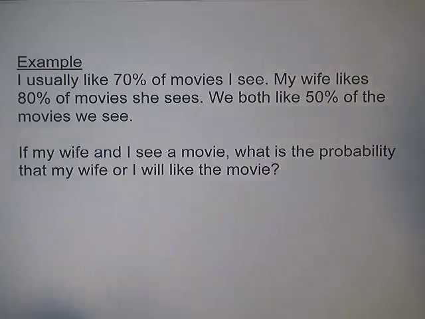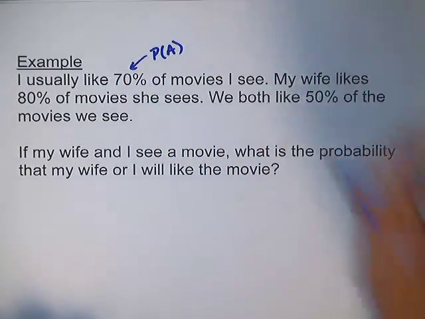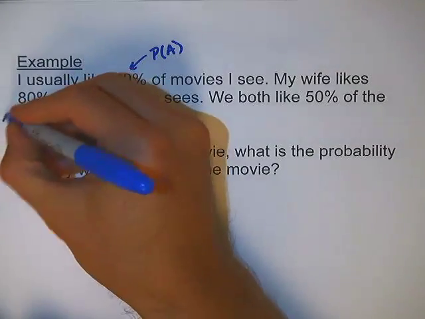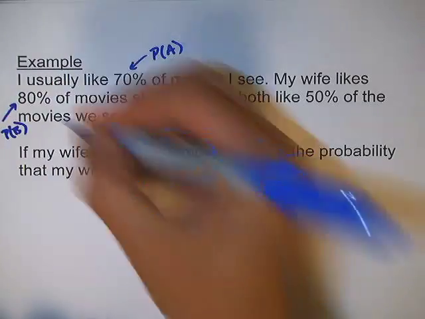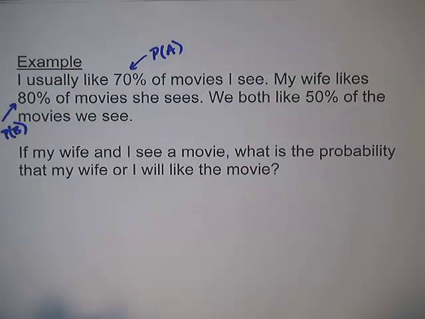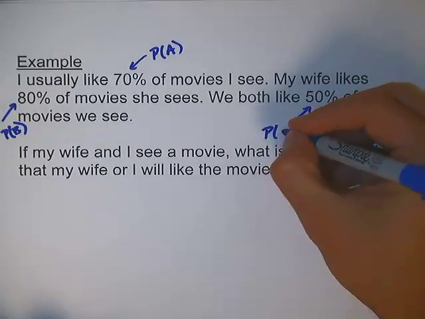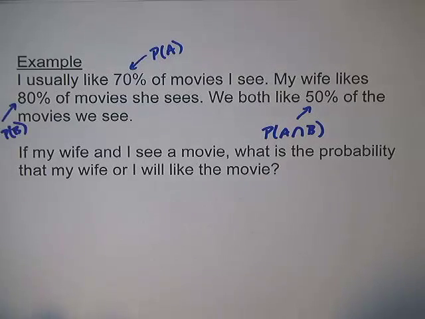So if we notate these probabilities, let's call this the probability of A, where event A is the event that I like a movie. Let's let the 80% be the probability of B. So B is the probability that my wife will like it, and 50% will be the probability of A and B. Okay, so if my wife and I see a movie, what's the probability that my wife or I will like the movie?